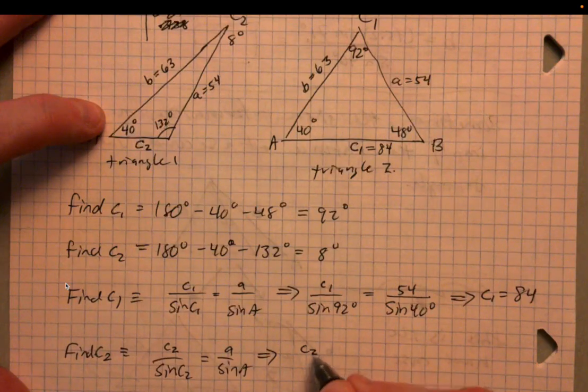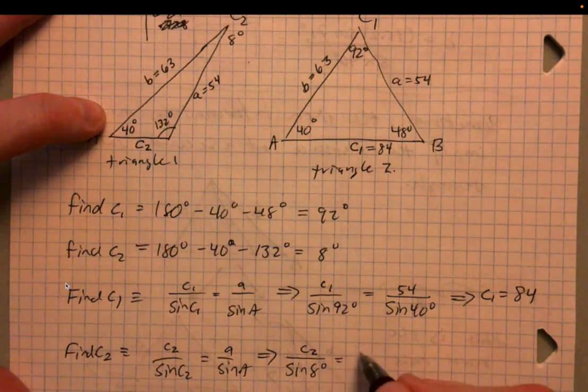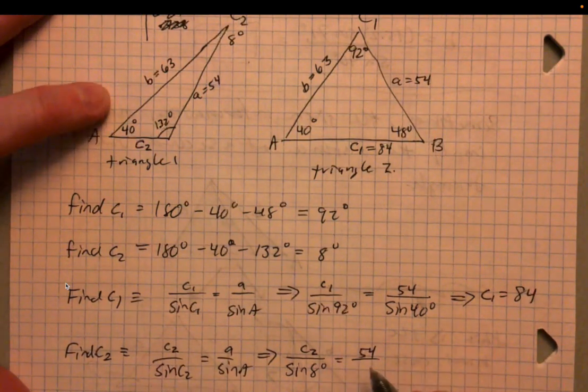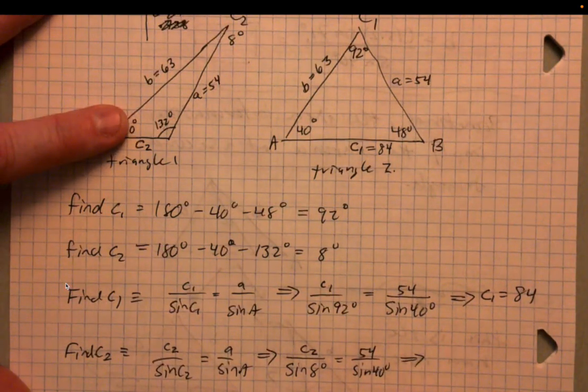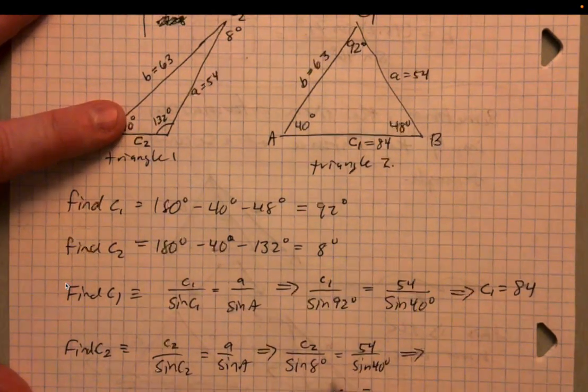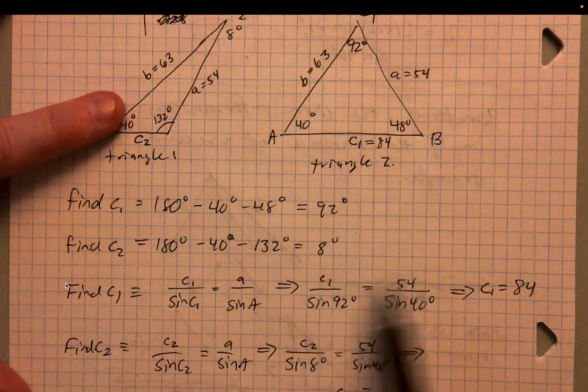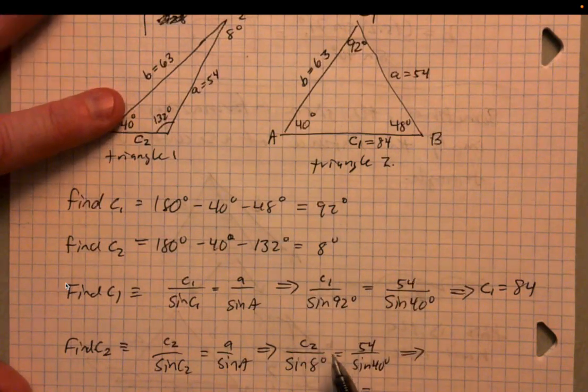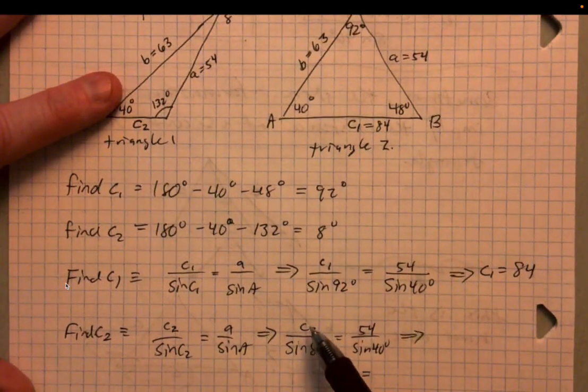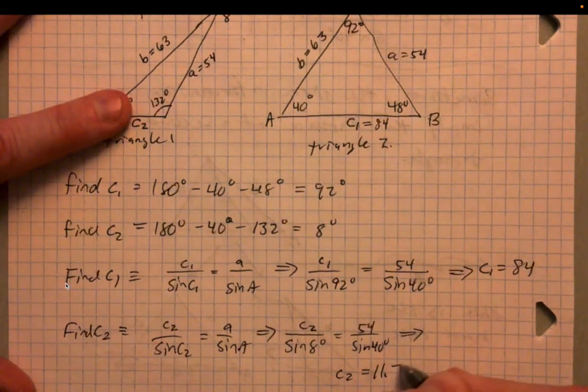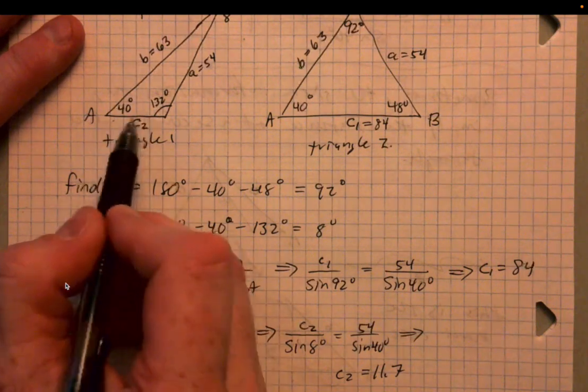I get c2 over the sine of 8 degrees equals 54 over the sine of 40 degrees. So c2 is equal to, you can do the algebra here again, it's basically the same as the one above it. And what you'll find is, in this case, c2 is equal to 11.7. And that makes sense. It's a smaller leg here, right?